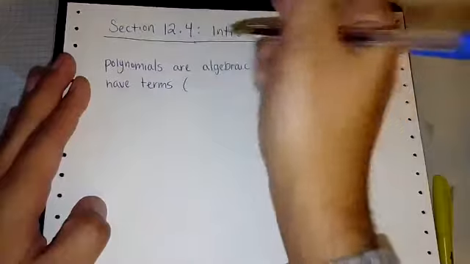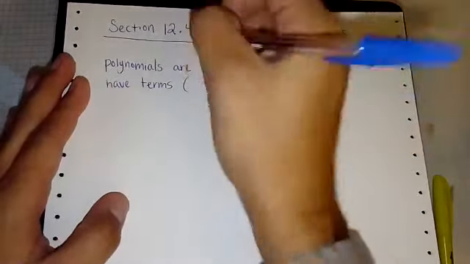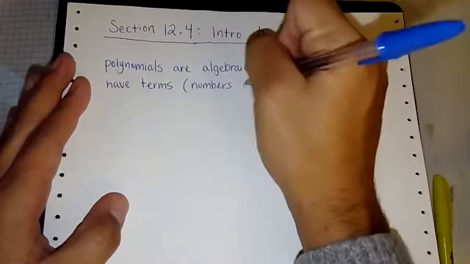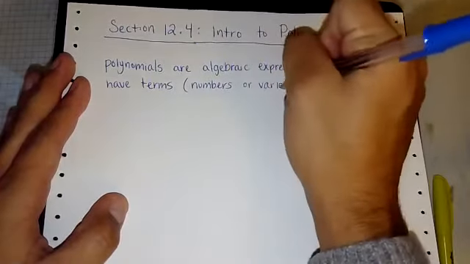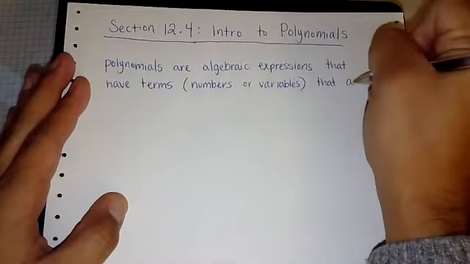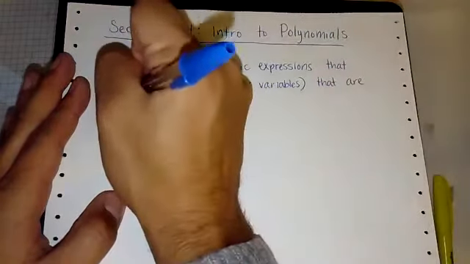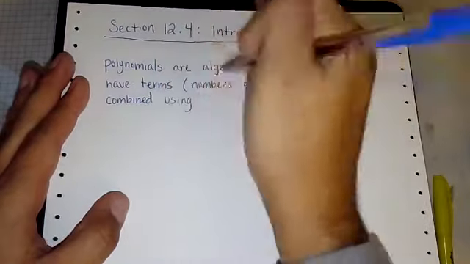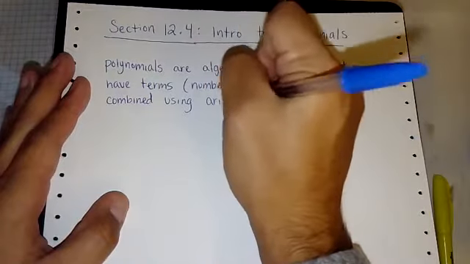And remember, term is just a word that refers to either numbers or variables, or both, that are combined using, I'm just going to say, arithmetic operators.